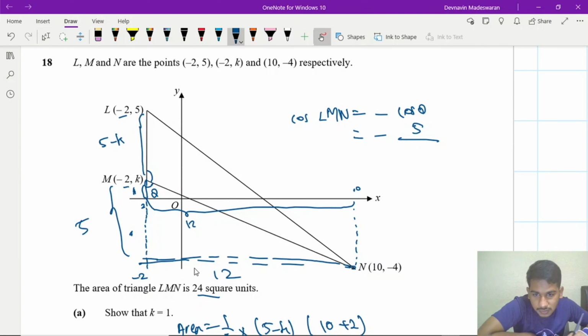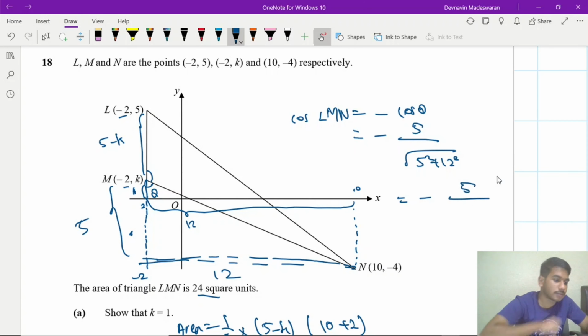It's going to be 5 squared plus 12 squared, Pythagoras theorem, and then we square root it. It's going to give me 13. So it's going to be negative 5 over 13.